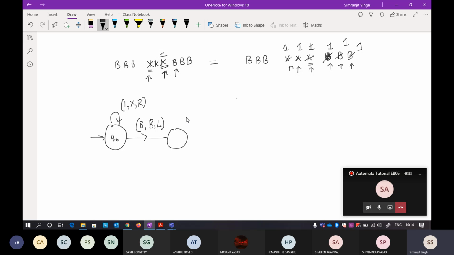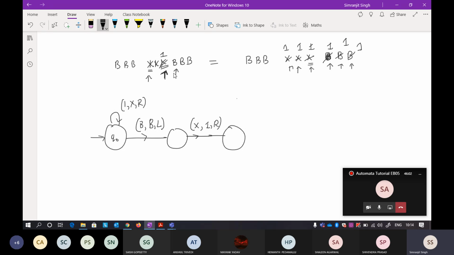Now there will be an X here. Because I do not want to create a loop here, I only want one move, this X will be converted to 1. So when the pointer is here and I see an X, I change it to 1 and I move towards the right. Towards the right, what will I get?